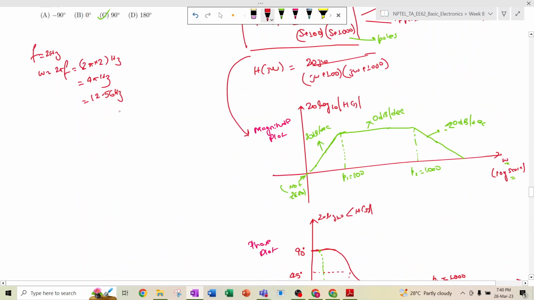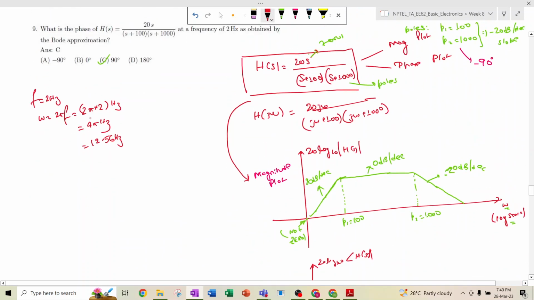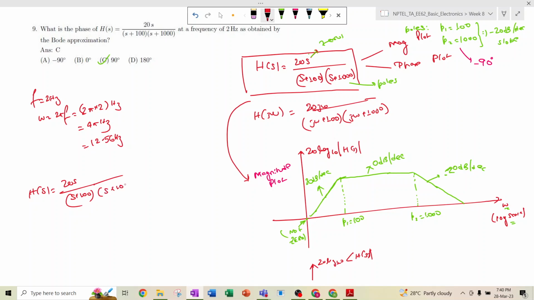And by another method also we can do it, by using the transfer function analysis. So here we can see that H(s) is nothing but 20s divided by (s plus 100) into (s plus 1000).